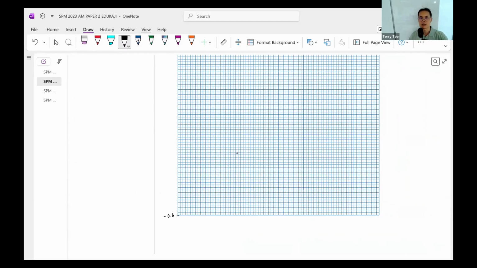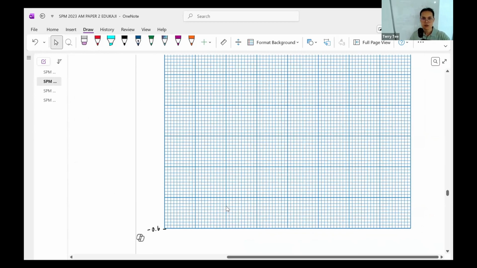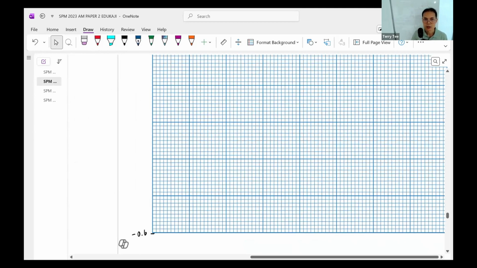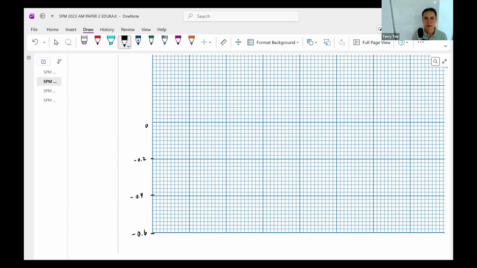Let me zoom in a bit. This will be 0.4, 0.2. This is 0. Okay, then I will start with 0.2, 0.4, 0.6, 0.8, 1.0, 1.2, 1.4.